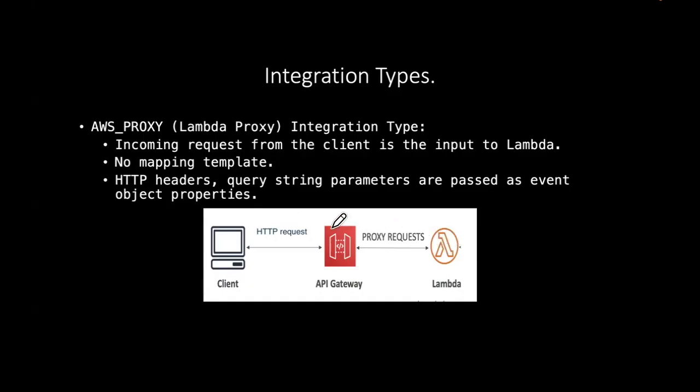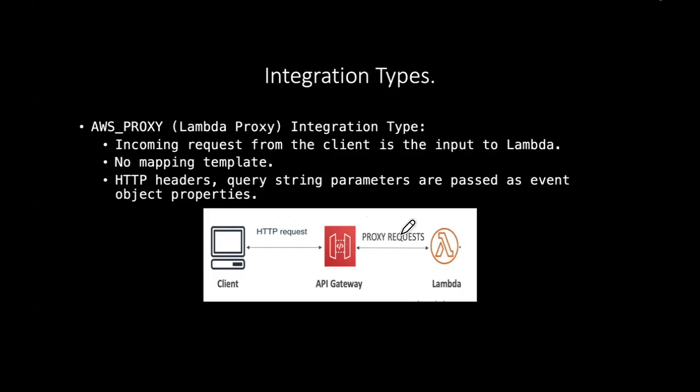So what the gateway does is it takes the HTTP request, which will include things like request headers, query strings, path parameters. It'll take all of those and put them into an object, which is essentially the event object that the Lambda expects. It puts lots of other stuff into that event object as well.